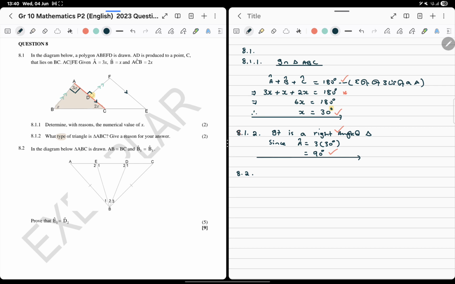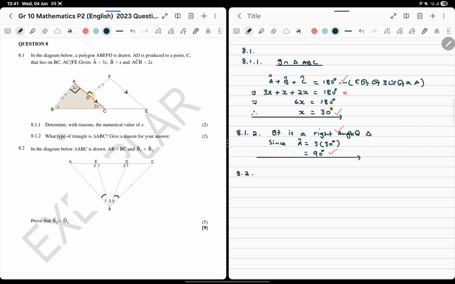Now in the diagram below, ABC is drawn such that AB is equal to BC, okay, that is indicated, and B1 is equal to B3. Now this is not indicated, so we need to show it. B1 equals B3, we need to show that.